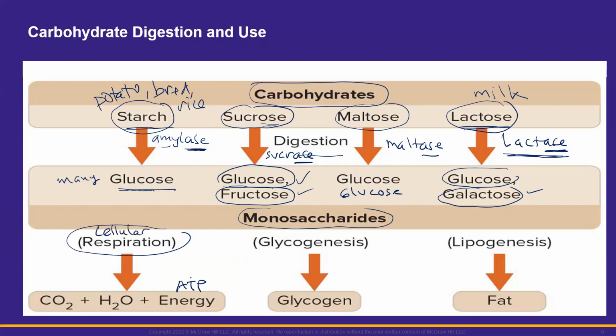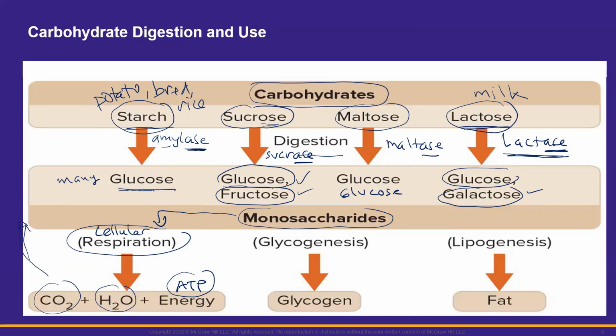So this is the main process: glucose over here will be converted into ATP with two byproducts, water and carbon dioxide. This carbon dioxide will be removed from our body, exhaled.